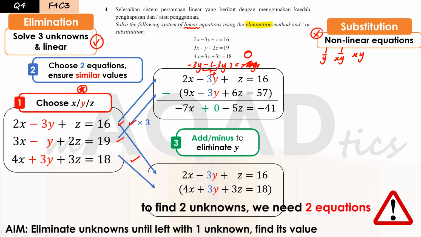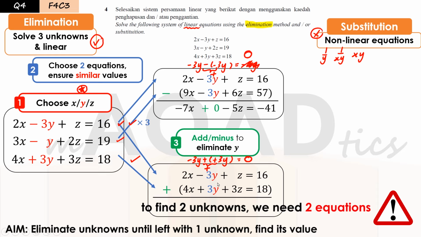Okay, so let us try out add first. Negative 3y, we add the positive 3y. So positive is positive, right? Negative 3y plus 3y, then this will be 0. Which means we need to add these two equations together to eliminate the y.